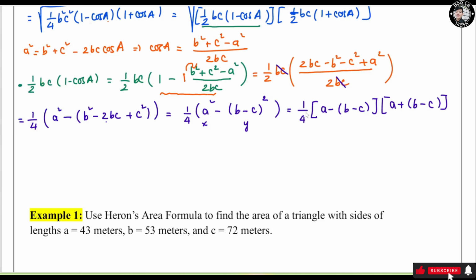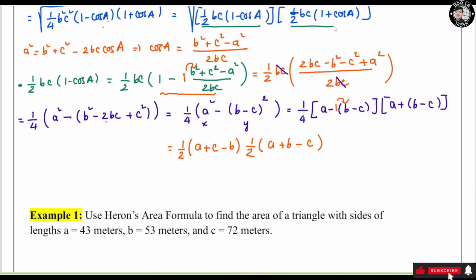Now I have a negative sign, so I distribute negative 1: a, negative b, and negative 1 times negative c, which is plus c, so a plus c minus b. And 1/4 can be written as 1/2 times 1/2, times (a plus b minus c).